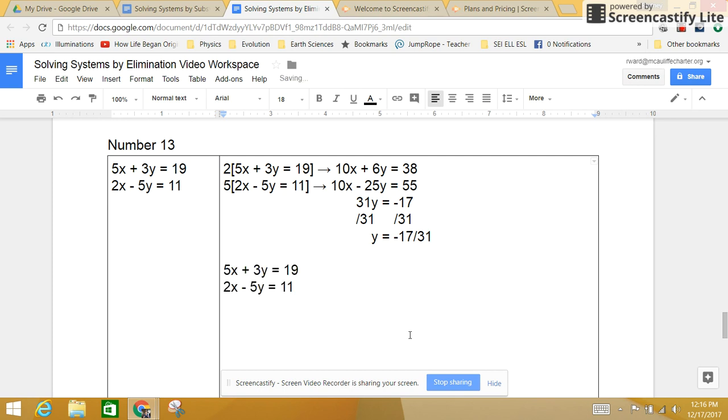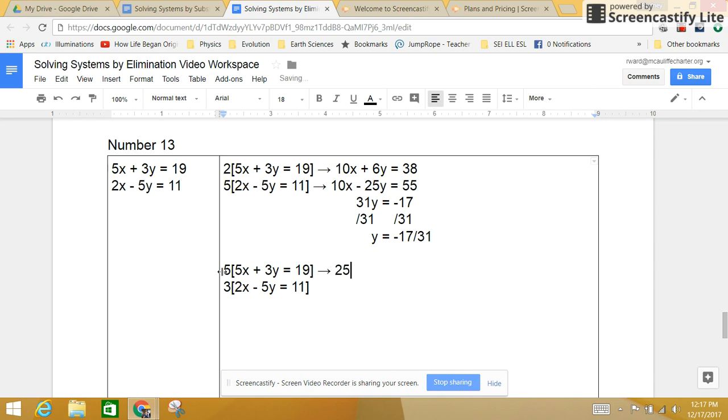Okay, so I'm going to use these same equations. I need to now make the 3y and the negative 5y either matching or opposites. If I multiply the top by 5, it'll make a 15y. If I multiply the bottom by 3, that'll make a negative 15y. That'll work out for me.